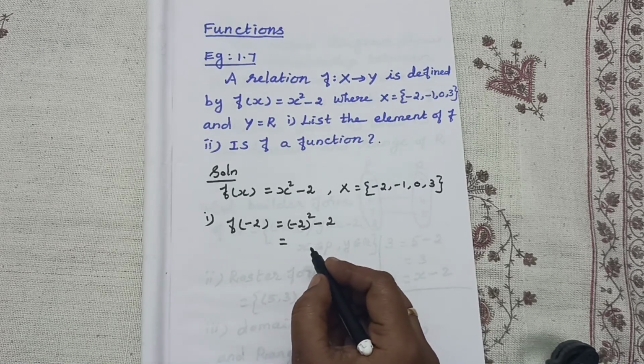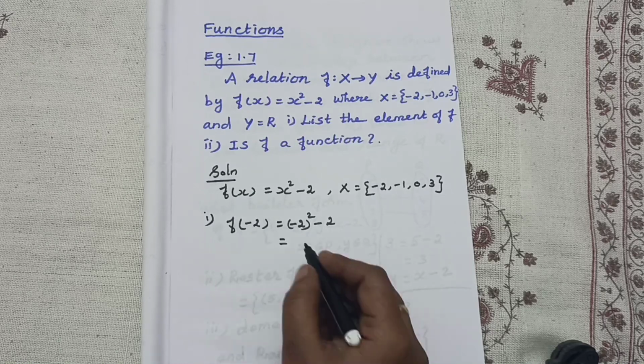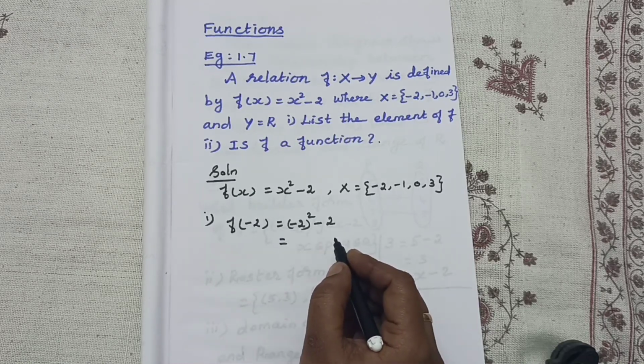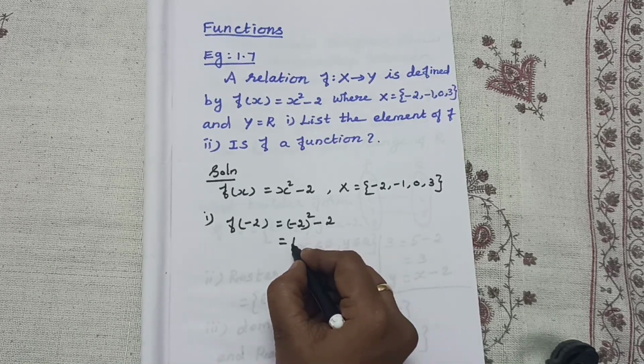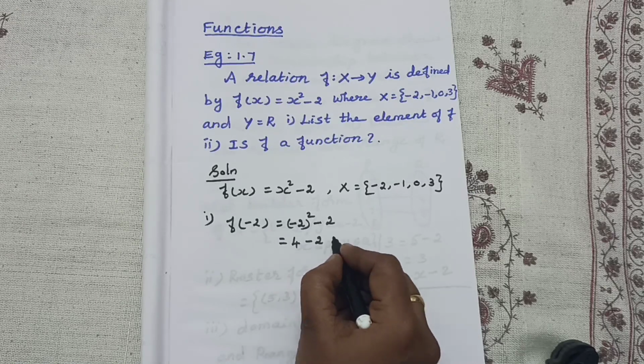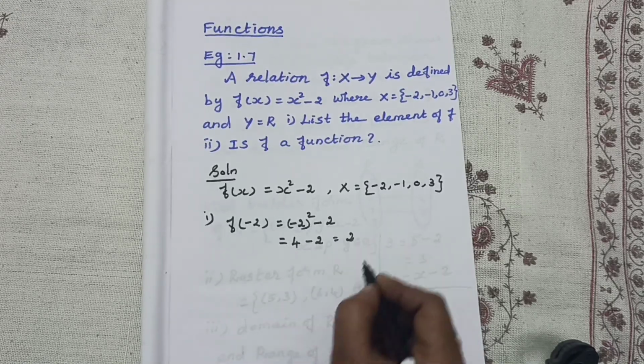Minus 2 the whole square is minus 2 into minus 2, which is plus 4, because minus into minus is plus. Then 4 minus 2 is 2.